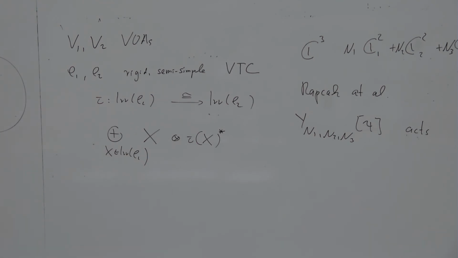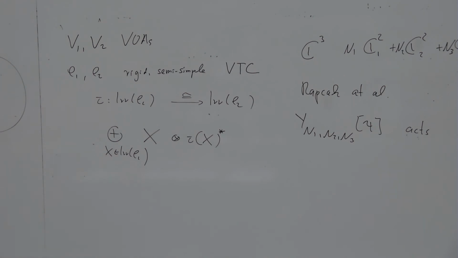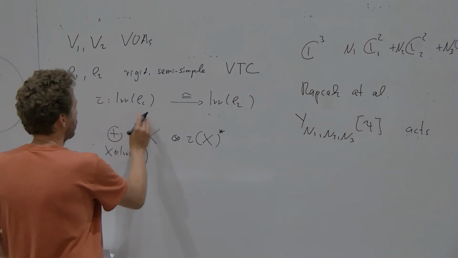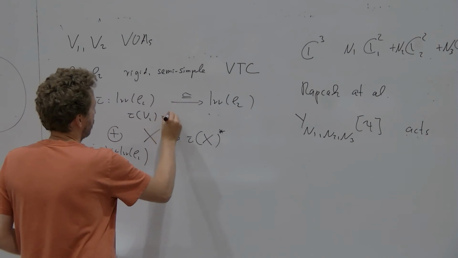It's just an isomorphism of these sets. You also require the additional condition that the image of V1 is V2.